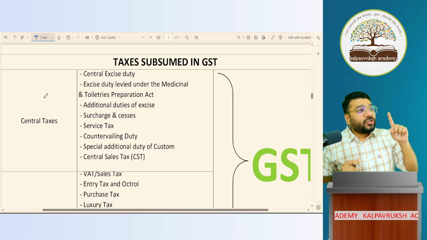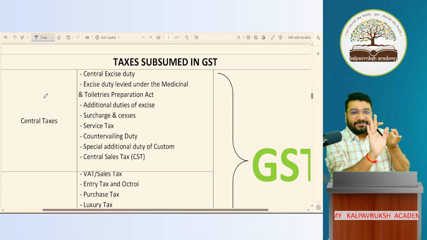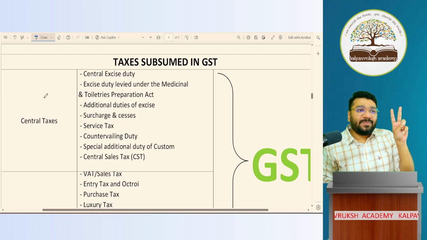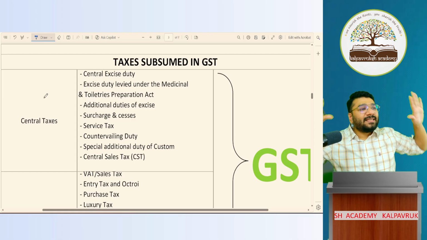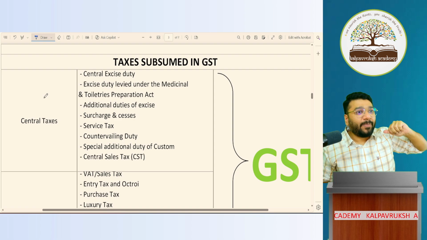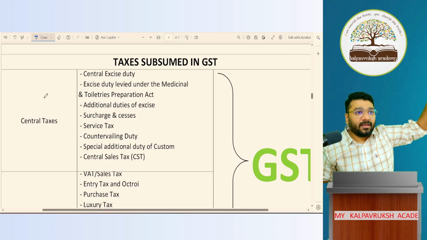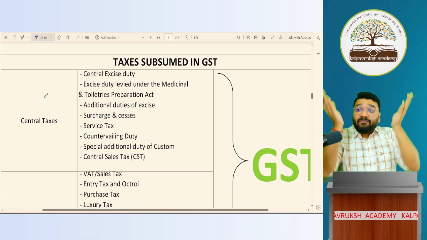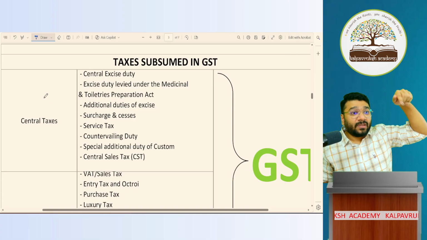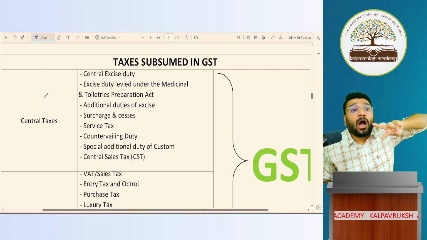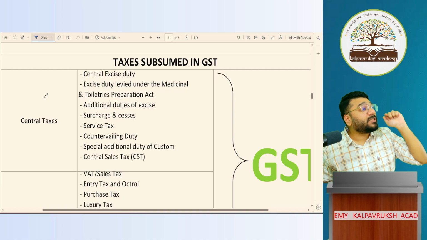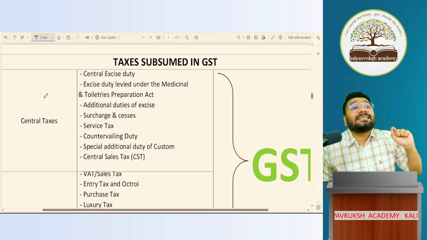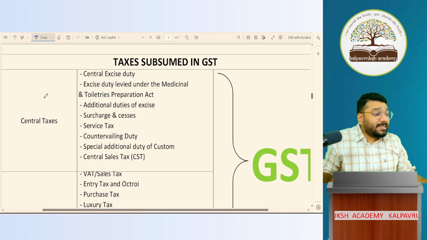If I'm manufacturing tires, I sell, so I'm into the goods business. Since I'm servicing tires, I'm into the service business. So I'm dealing with both goods and services. Before GST, what used to happen? Tire is manufactured in the factory. The moment the goods come out of the factory, there's one tax which applies, called excise duty.